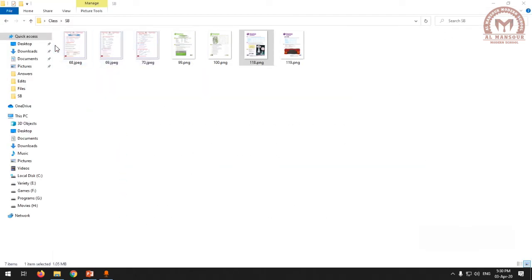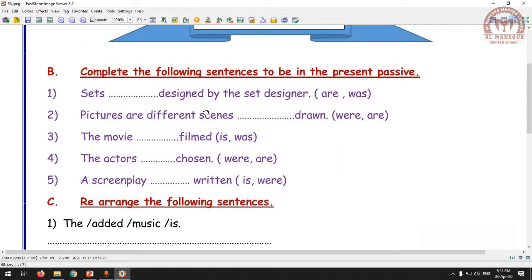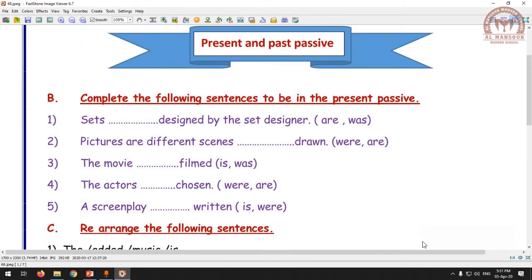We're gonna take a look at the booklet, page 68. I'm gonna do like one of each exercise. Sets blank designed by the set designer. Okay, are. We can't use was because was is for singular form and these are sets in a plural, so we have to use are. So you can continue. If you can use both, it's fine. You can pick either one of them, like in this exercise, the movie, you can say is filmed, you can say was filmed.